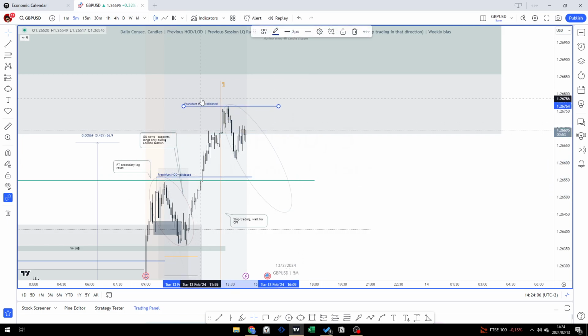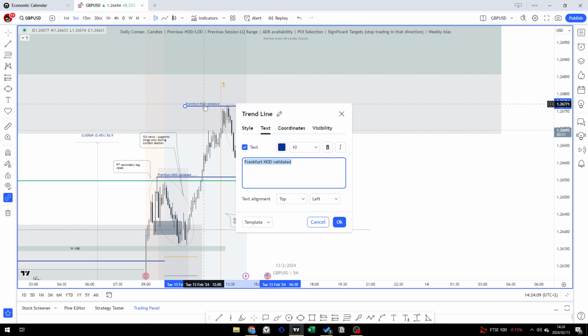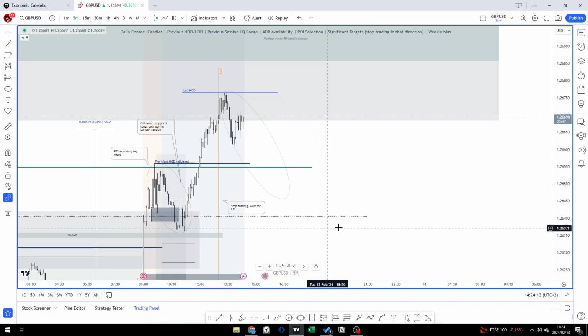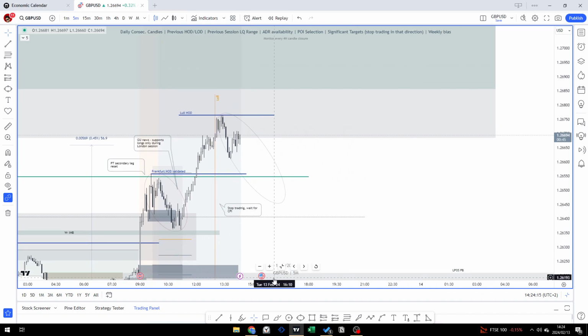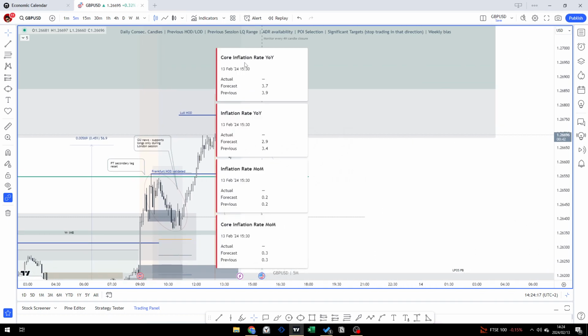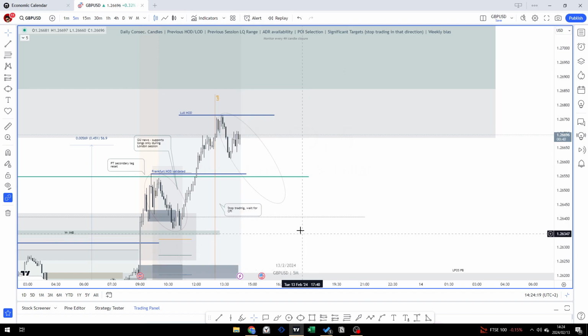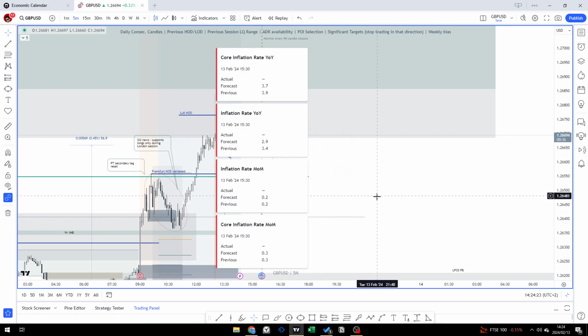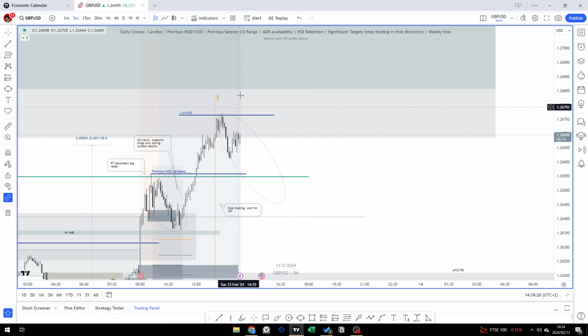At the moment, what we can see is we have a lull high of the day, and this high of the day can potentially be validated by CPI news, which is right here. Obviously, we need US CPI news to be positive for the USD, and that will drive GBPUSD to the downside.